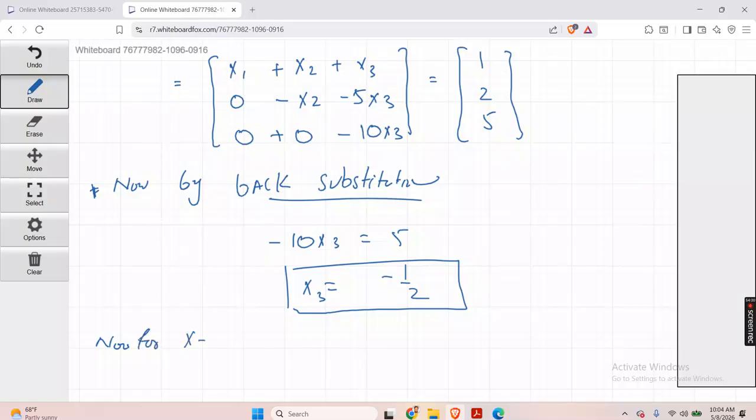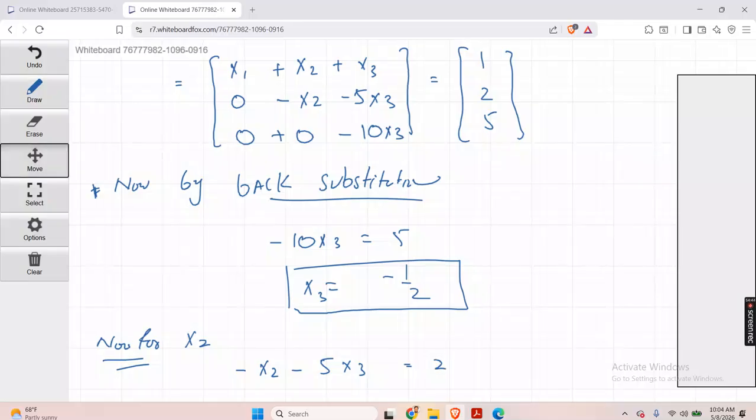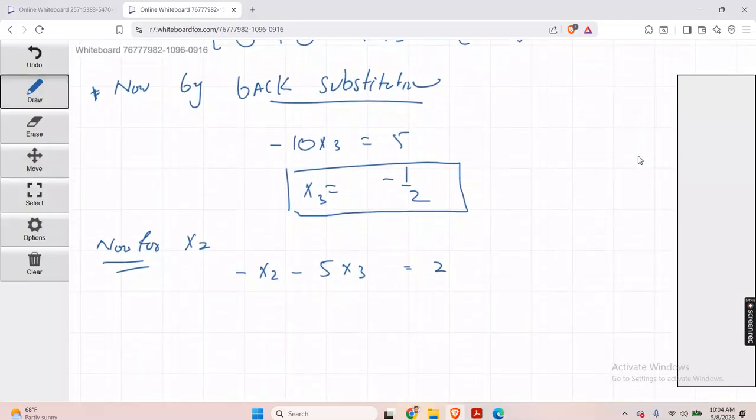Now for x2, we have minus x2 minus 5 x3 is equal to 2. So minus x2 minus 5 x3 is this one here. You can write here, which is equal to 2.